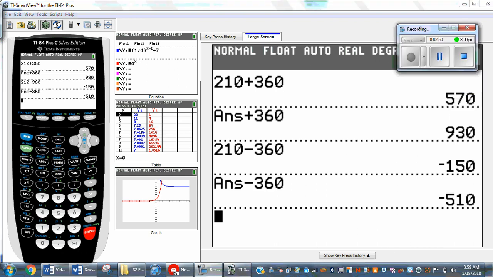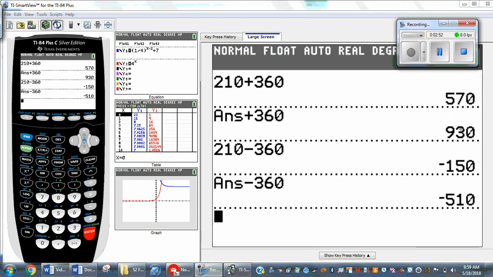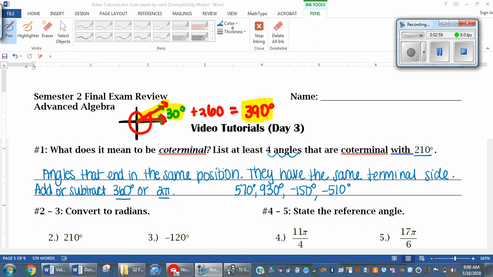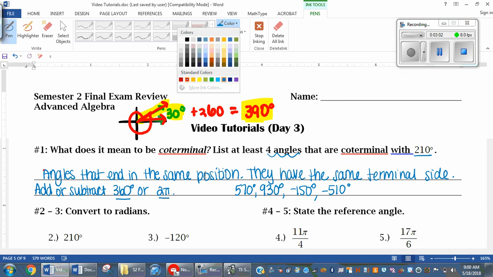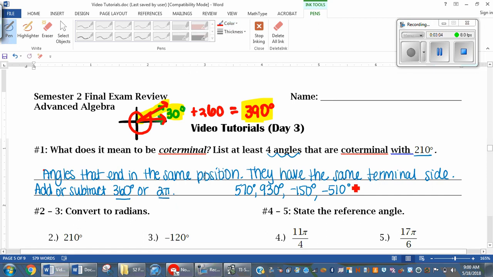So here we have 4 angles that are all coterminal with 210.